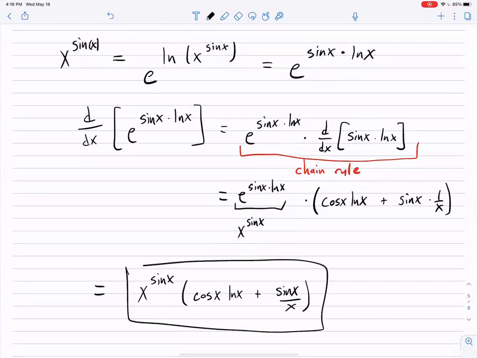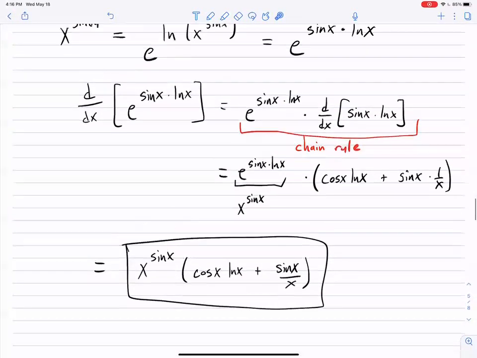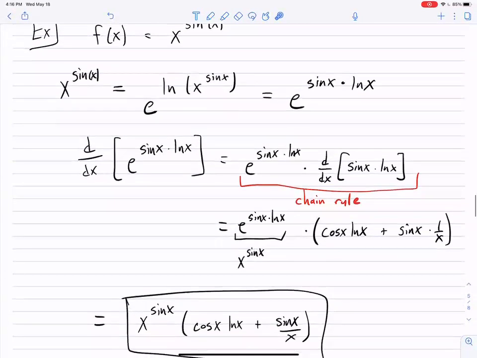And so that is the derivative of the function. It really is just the function itself out here, and then the derivative of sine of x times ln of that. Yeah, this is a much more interesting example.